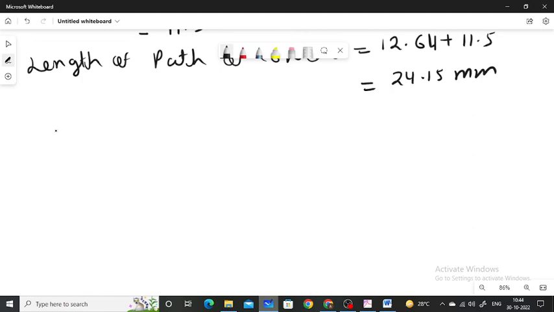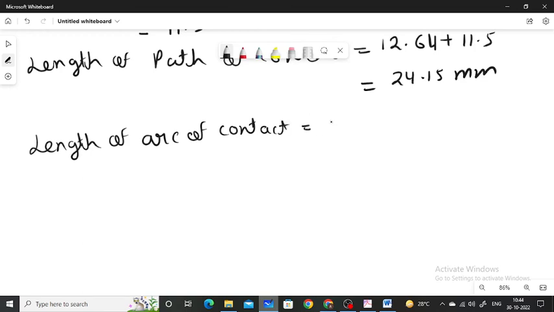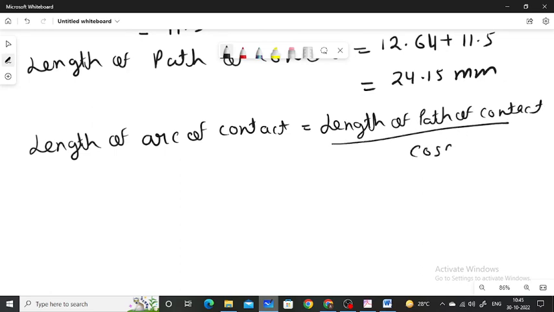Length of arc of contact will be equal to the length of path of contact divided by cos phi.